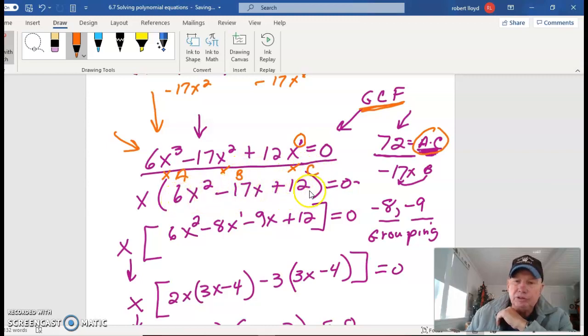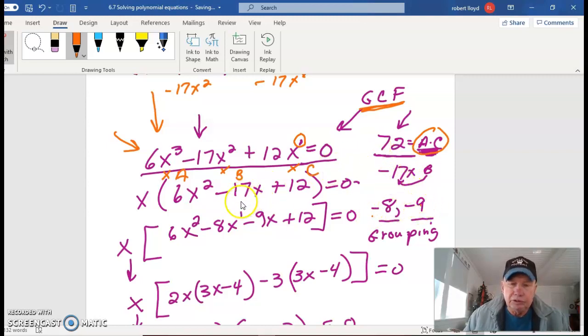So A times C, 6 times 12 is 72. So we look for two factors of 72 that, when combined, are going to be negative 17. In this case, they're x's. So the two factors of 72, when multiplied are 72, and when added are negative 17, are negative 8 and negative 9.